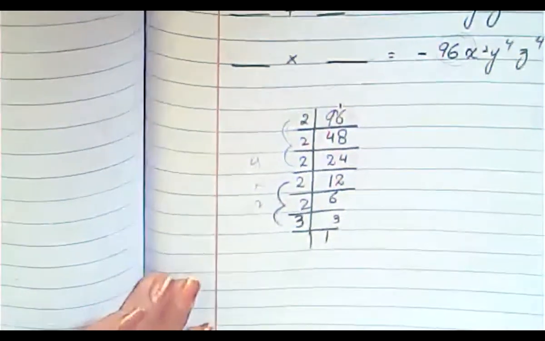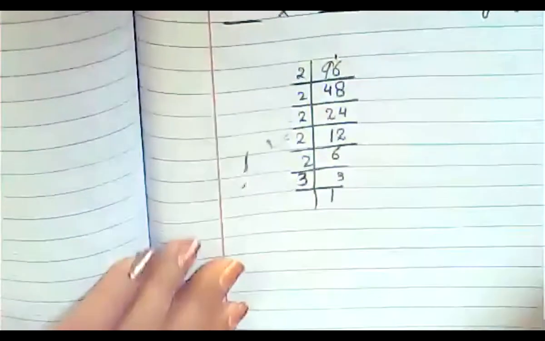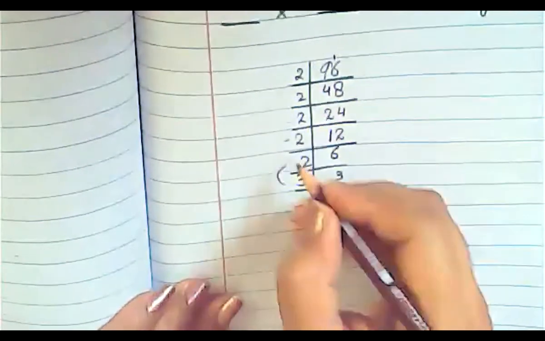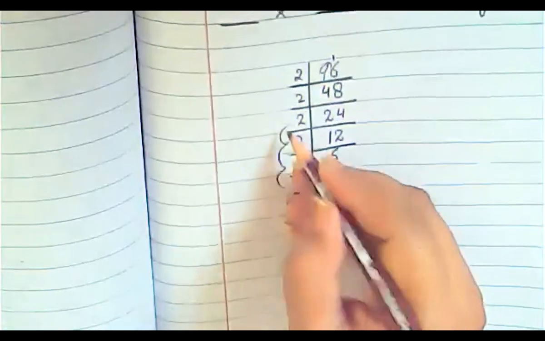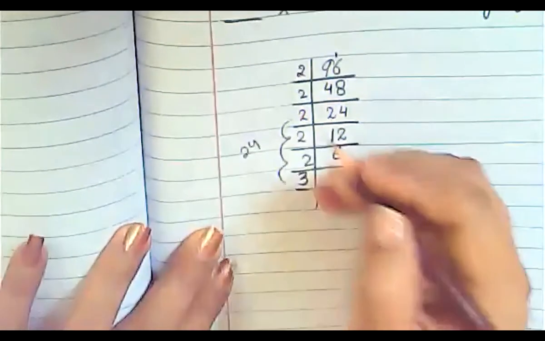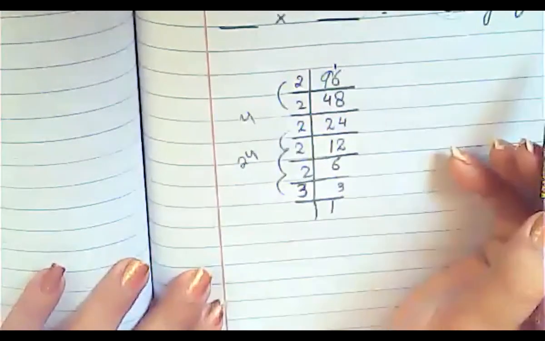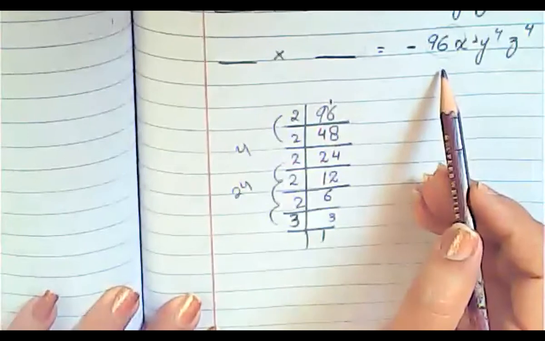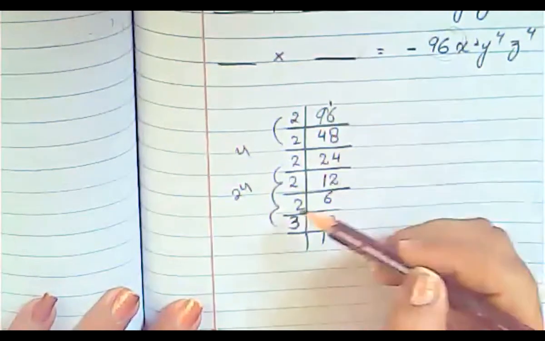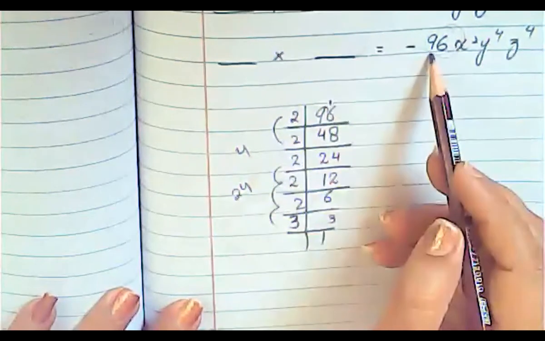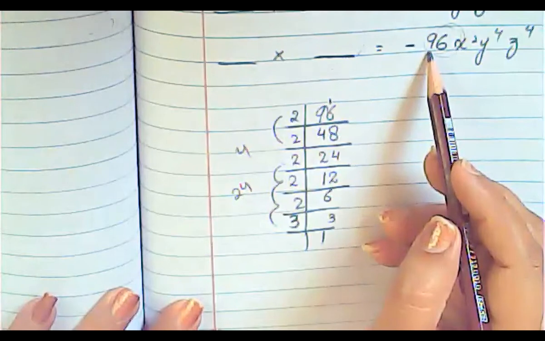No. Now we will take 4 terms here. 3 multiplied by 2 is 6, 6 multiplied by 2 is 12, 12 multiplied by 2 is 24, and 2 multiplied by 2 will be 4. So 24 multiplied by 4 will be 96, right?